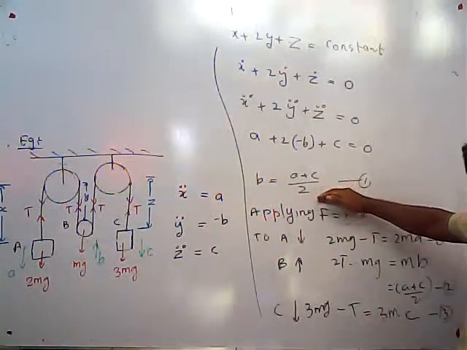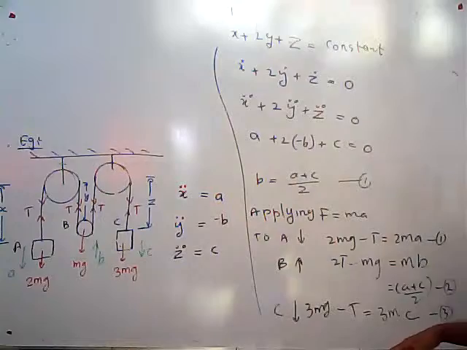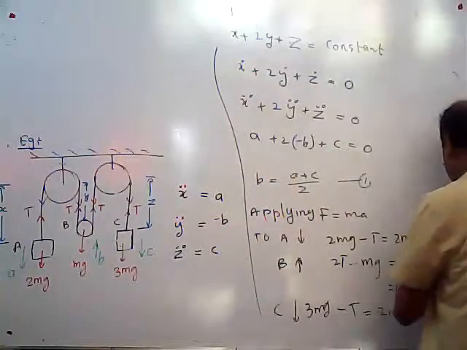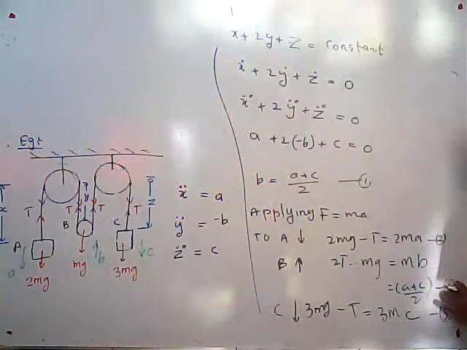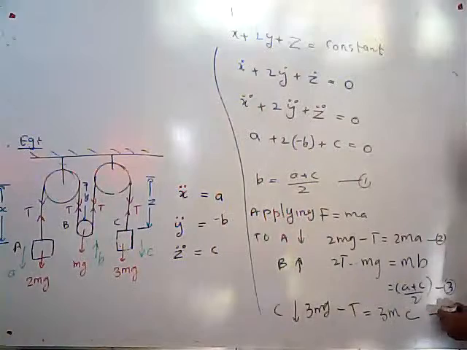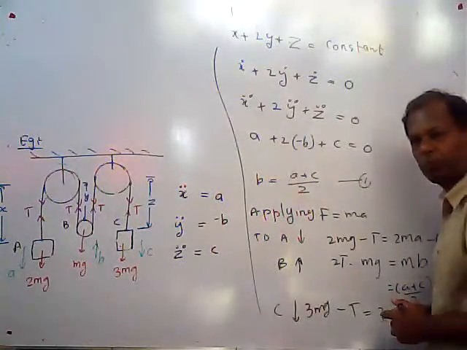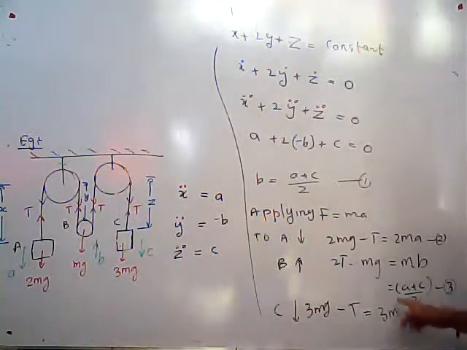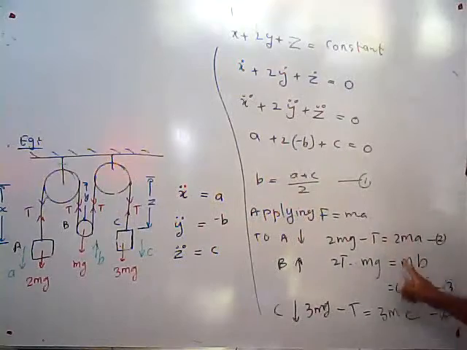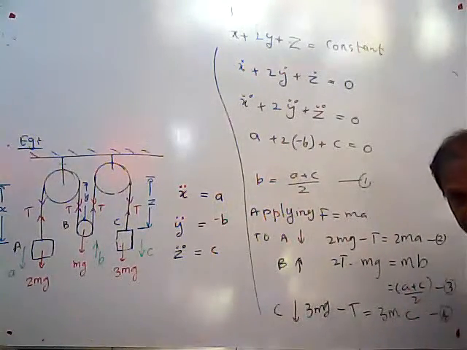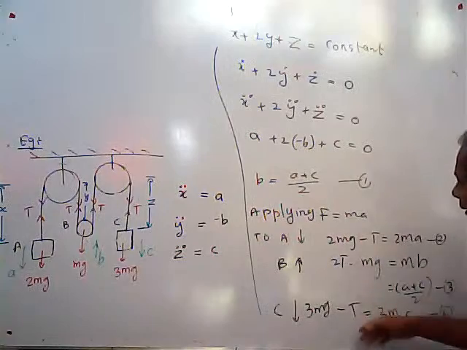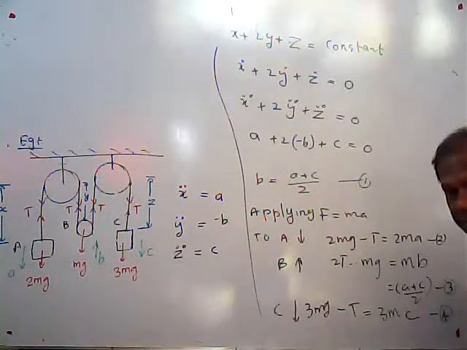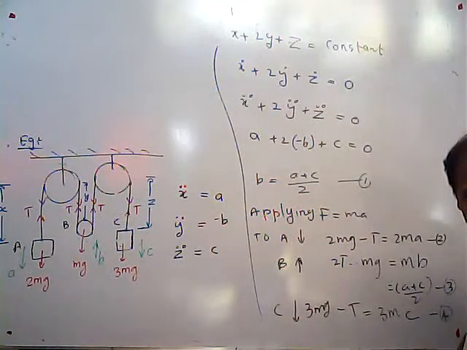Now you can forget the first equation, because here you take equations 2, 3 and 4. We have only three unknowns: T, a and c. So three unknowns and three equations. These three are sufficient. Now you can solve them, right?